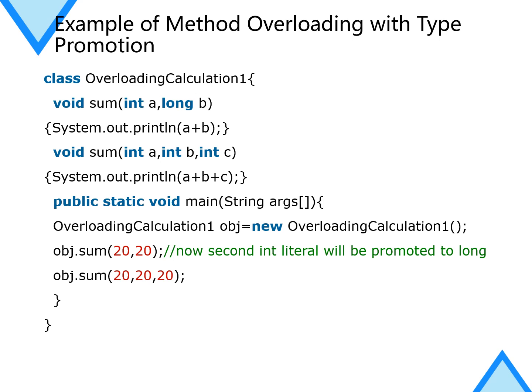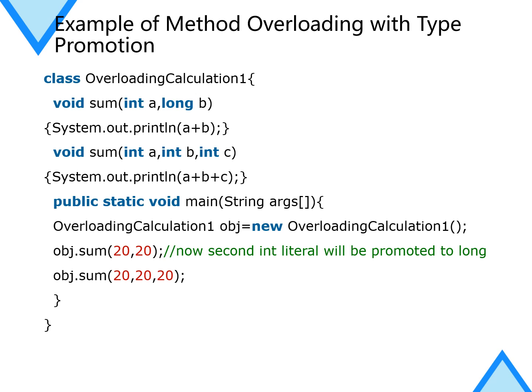Through this object we are calling obj.sum, and here we have two arguments, both of integer type. The first implementation is of type integer, so it's okay, it will take it directly, but the second parameter is of type long, so the integer value 20 will be promoted to long, and then we will receive the addition of the two integer numbers.